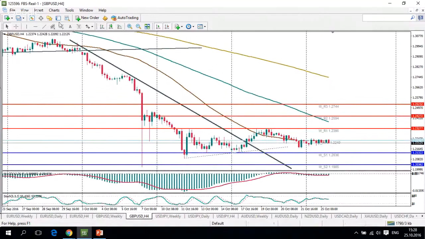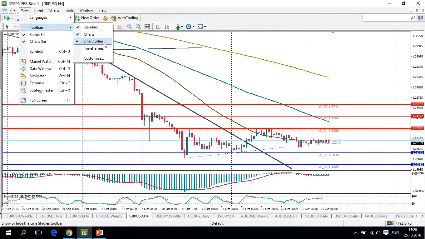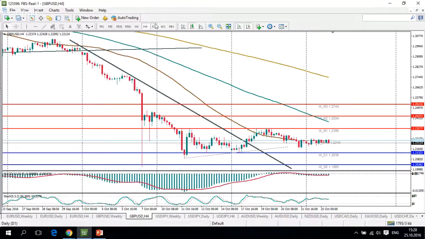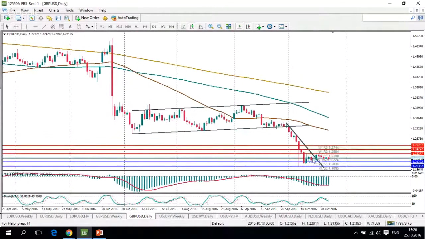On the daily chart, we can see that the pair is going through a consolidation. The daily candles are very small, and the pair currently has very low volatility.